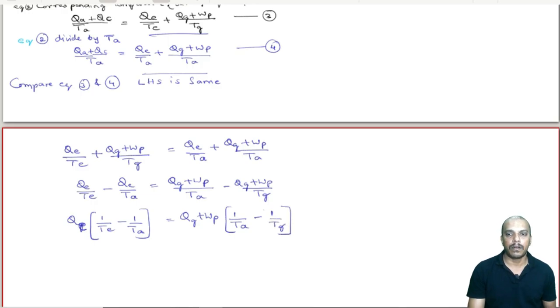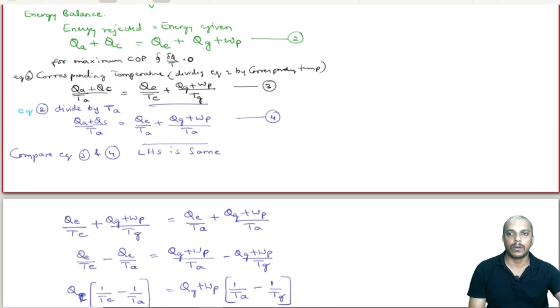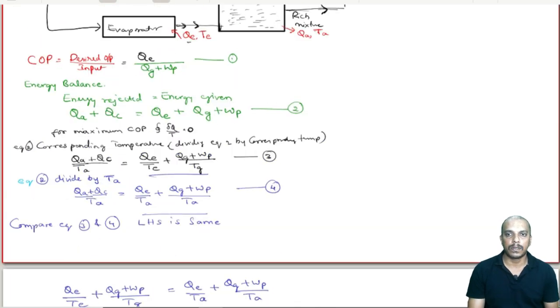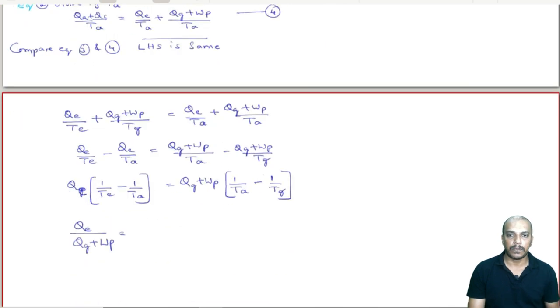Now, I will keep it in the form of QE divided by QG plus WP. Remember, this is nothing but COP, right? COP is what? From equation 1, QE by QG plus WP. Then the remaining terms are 1 by TA minus 1 by TG divided by 1 by TE minus 1 by TA.